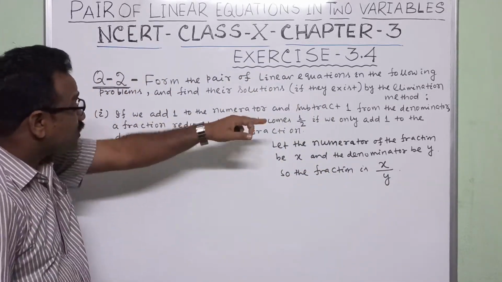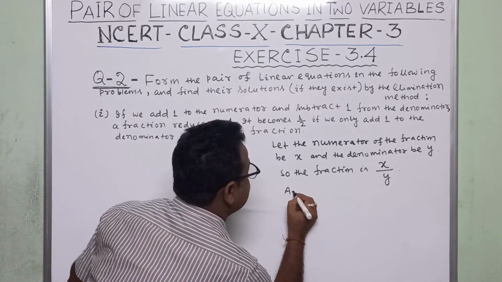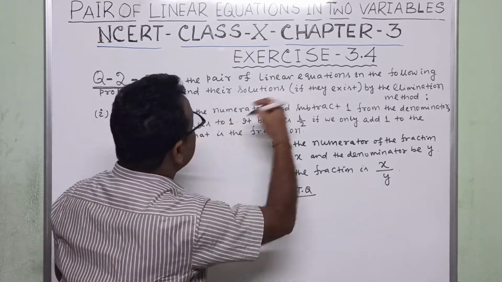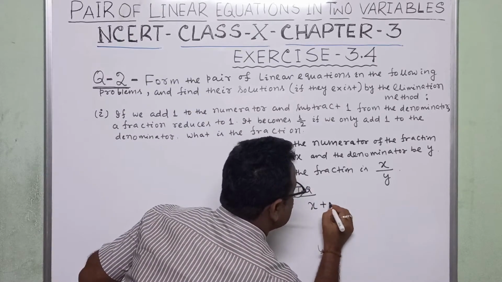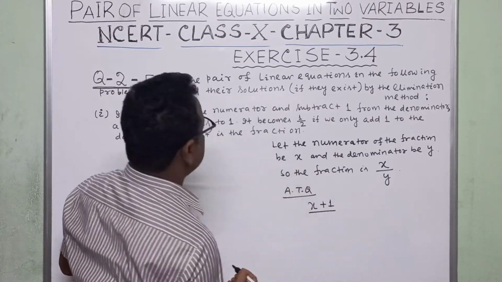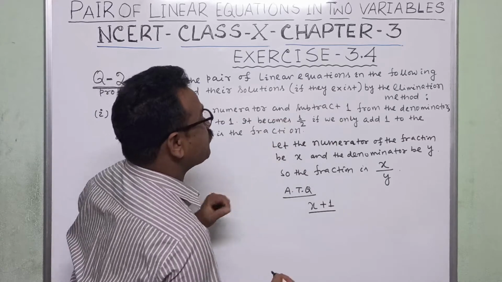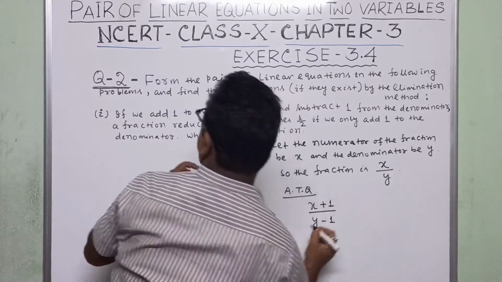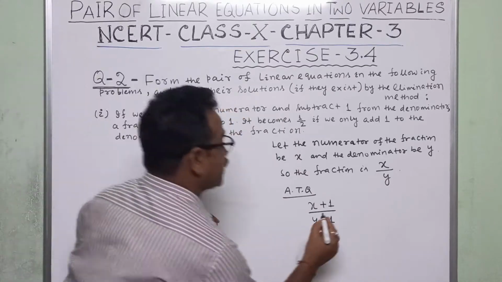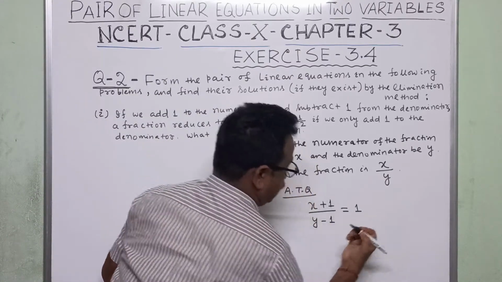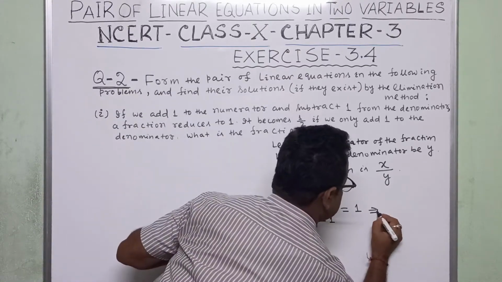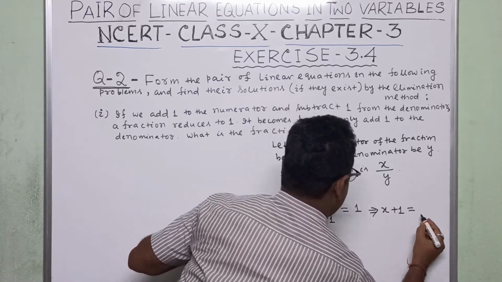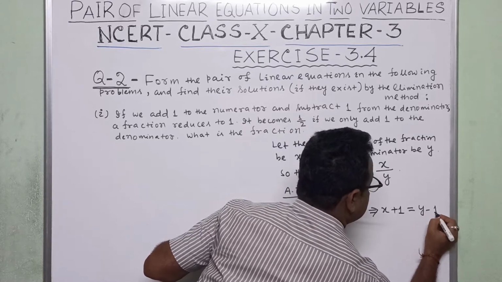Then we add 1 to the numerator. So according to the question, we add 1 to the numerator: x plus 1, by what? Subtract 1 from the denominator: y minus 1. Then the fraction reduces to 1, so x plus 1 is equal to y minus 1.